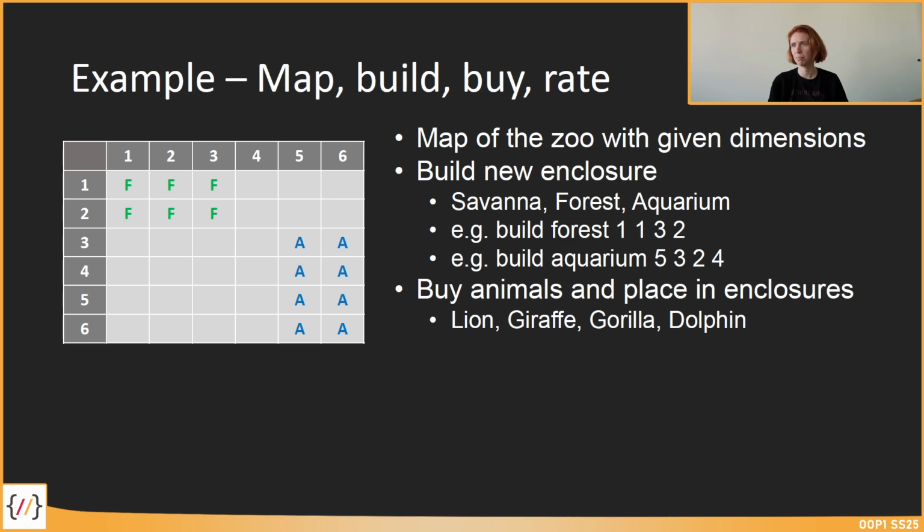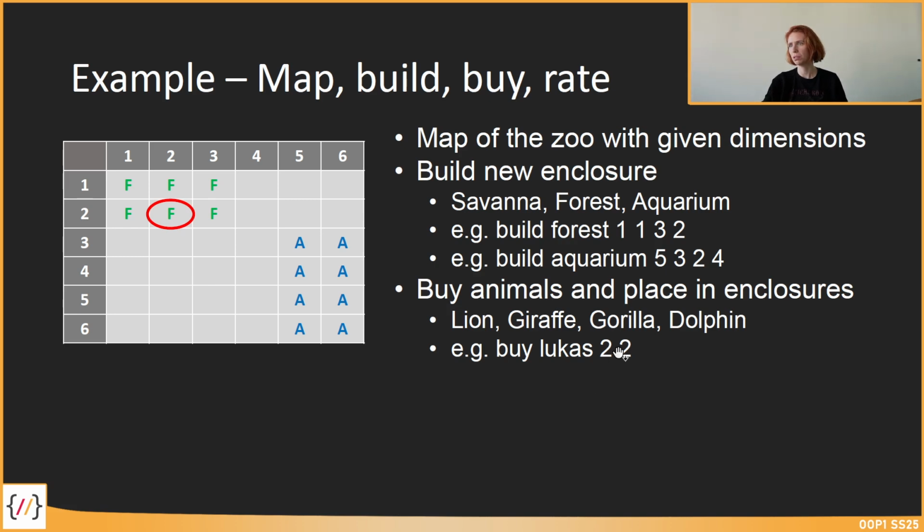But if I then want to buy one of these animals from the shop, I would, for example, use a buy command. So I would say buy Lucas, which is one of the names in the shop config file, for example, and I want to place Lucas at 2, 2, which would be this field. But what is important here is that animals are not placed on the fields directly, but are just added to this enclosure.